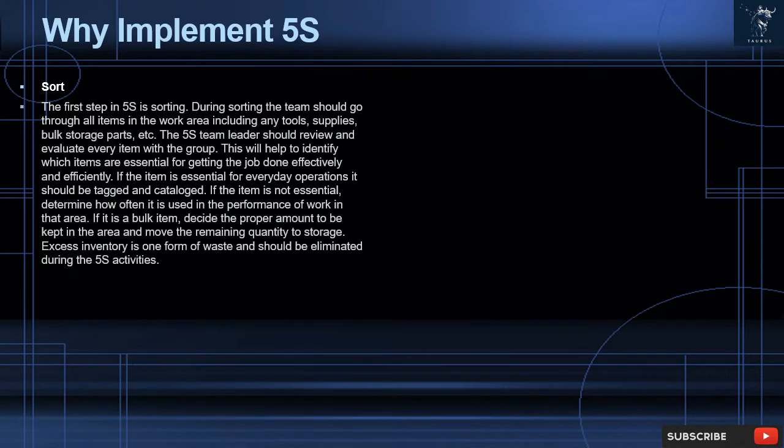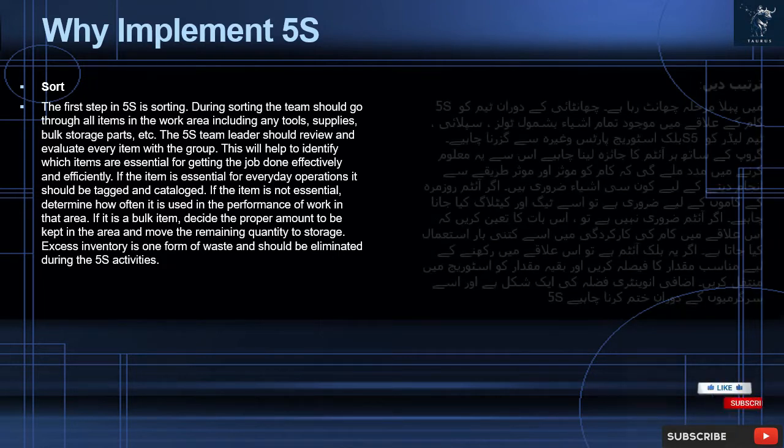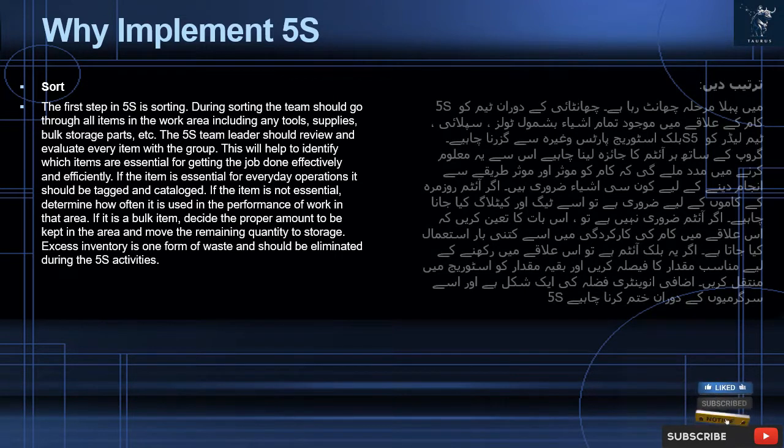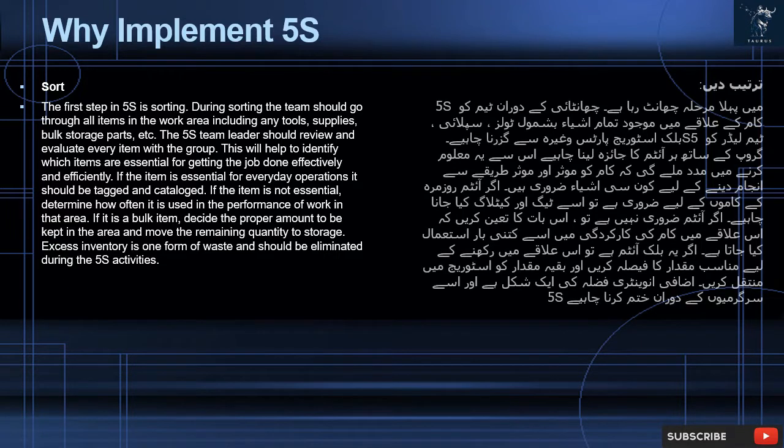If the item is essential for everyday operations, it should be tagged and cataloged. If the item is not essential, determine how often it is used and the performance of work in that area. If it is a bulk item, decide the proper amount to be kept in the area and move the remaining quantity to storage. Excess inventory is one form of waste and should be eliminated during the 5S activities.